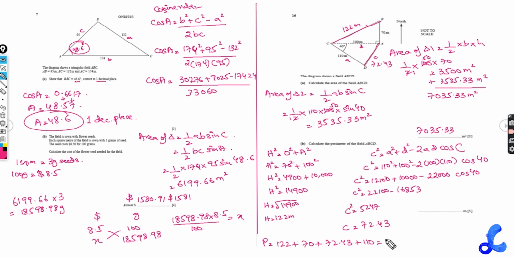So when you add all of these up, the answer that you should get is 374.43 meters. So this will be your perimeter for the field ABCD. Obviously, if there are any questions, please do let me know, and I'll come back to them as soon as possible.